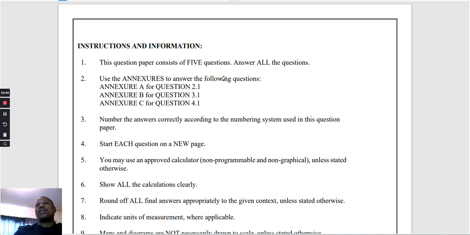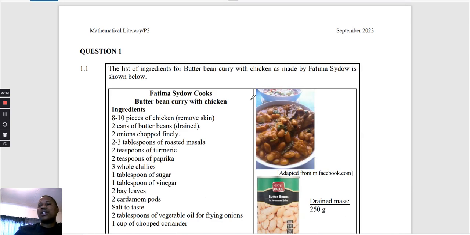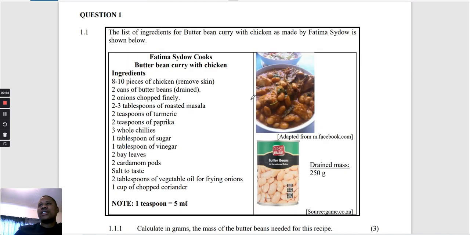Let's move down to the first question to see what is happening. Okay, so there we have question number 1. So question number 1.1 talks about the list of ingredients for butter bean curry with chicken as made by Fatima, shown below. So we are given the recipes there, the ingredients.